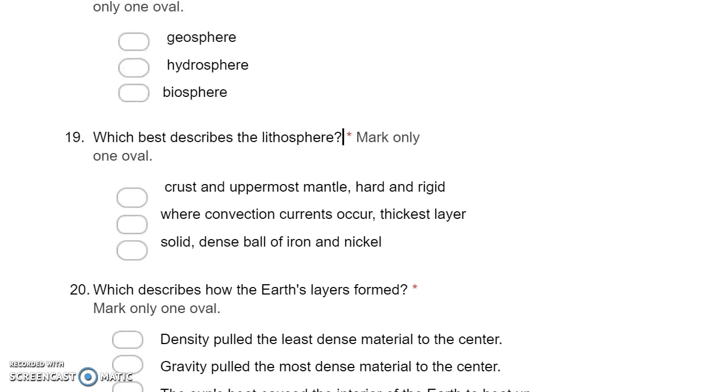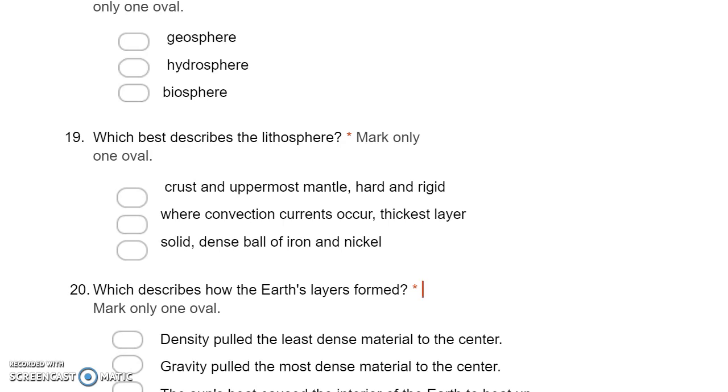Number 19. Which best describes the lithosphere? Mark only one oval. The crust and uppermost mantle, hard and rigid, where convection currents occur, the thickest layer? Or is the lithosphere a solid, dense ball of iron and nickel?